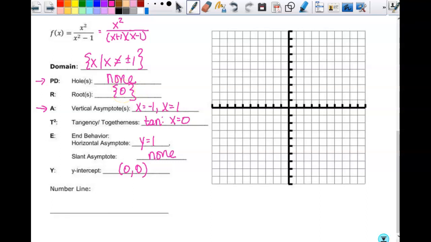On my number line, I'm going to have a -1, a 0, and a 1. Then I test things. -2. When I put anything in the numerator here, it's going to be positive every time. Numerator is positive no matter what. But I substitute in a -2, that's going to give me negative in the denominator, so that is positive overall.